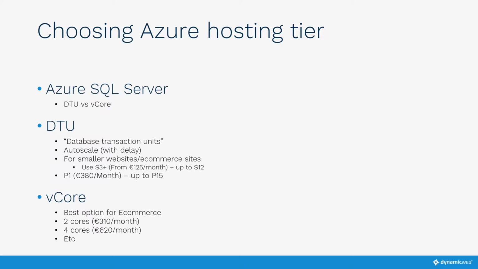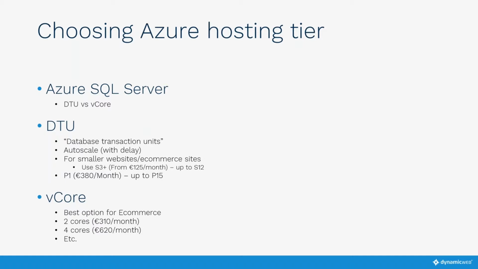Then we have the vCore option, which is my recommendation for e-commerce sites, especially if you get above the level of smaller e-commerce. I would choose a vCore. It basically scales from 2 cores up to, I think, 30 cores or something like that. So you can get a really, really big SQL server on that one, and that makes it possible to really scale.